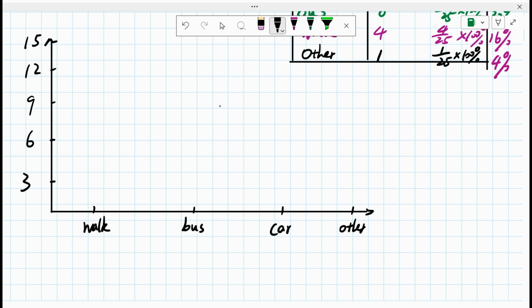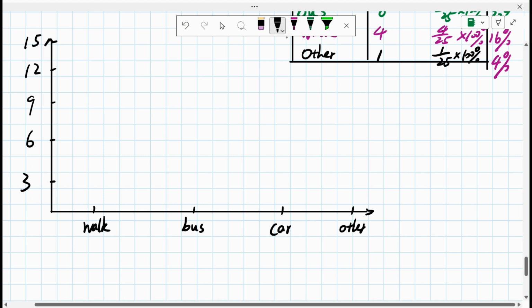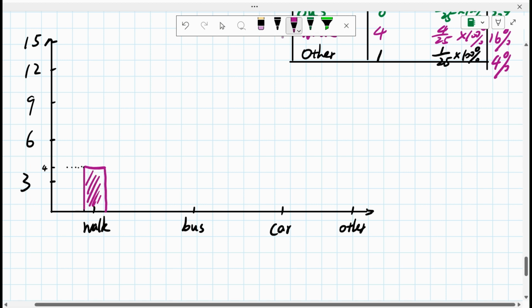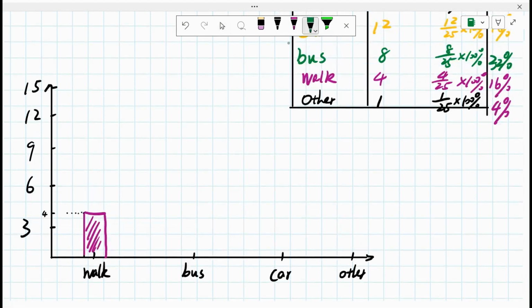Looks like for walk, we have 4, so that's around here. Purple, 4. So we're gonna create a bar chart. And the bus, well, looks like we have 8 buses.